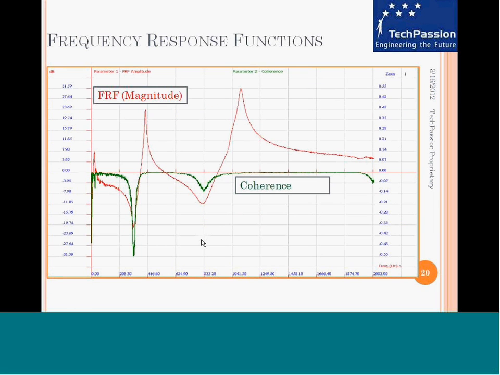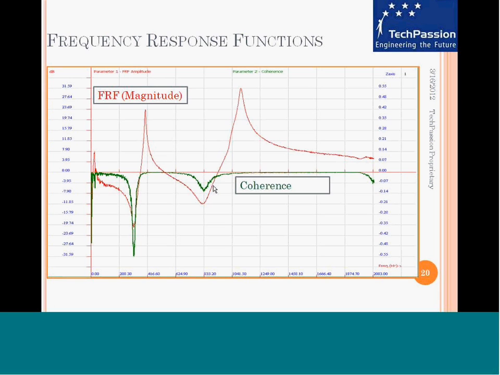So from the time signal that we saw just now, we derive some more interesting plots. One of them is called frequency response function. So there are two plots here. The plot in red is a plot of frequency response function. In amplitude, unit is decibels as a function of frequency. The plot in green is coherence. It's a measure of the signal to noise ratio.